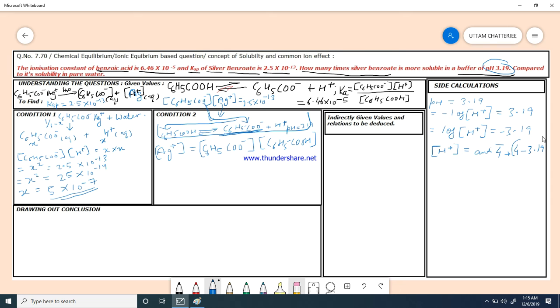This is how we find out the antilog, and this value comes out to be 4 bar 81. If the value of 0.81 is found in the log table, then the value comes out to be 646, and we put one decimal here, 6.46, written as 10 to the power minus 4. So we can remember this value as the concentration of H plus.